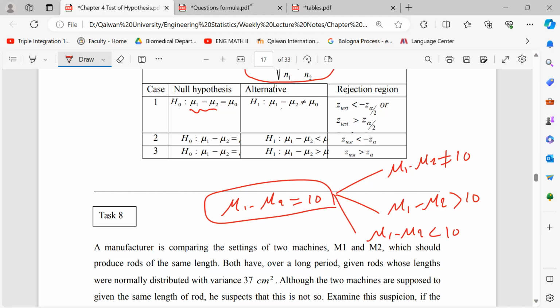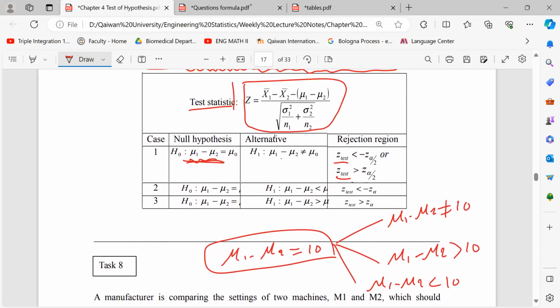For the first case, here we use the z-test. If it is less than minus z of alpha over 2, we use the z-table, or it's greater than z of alpha over 2, we reject H0.